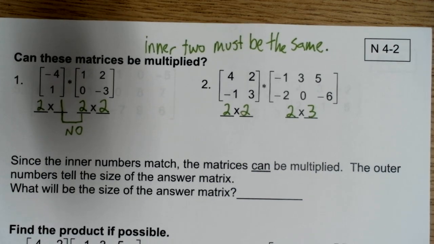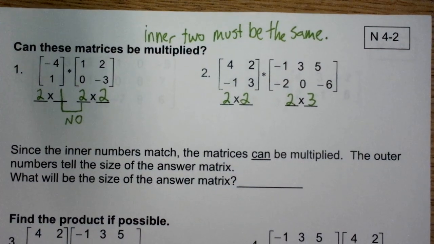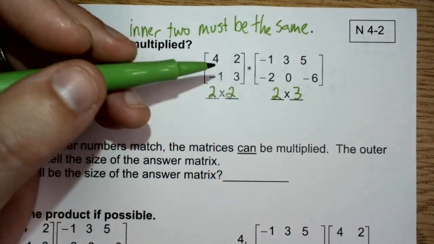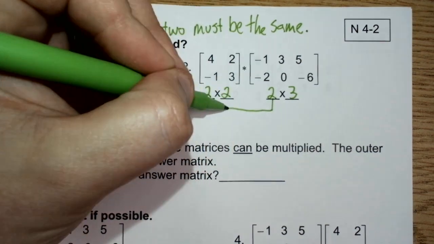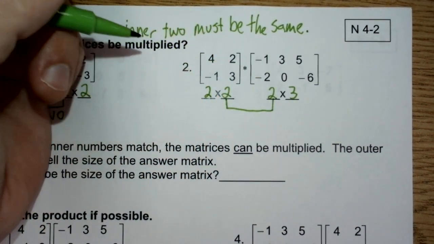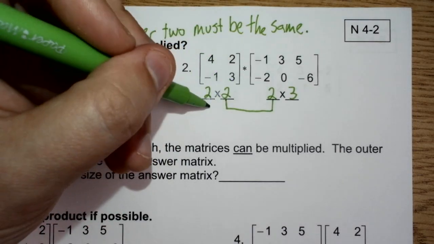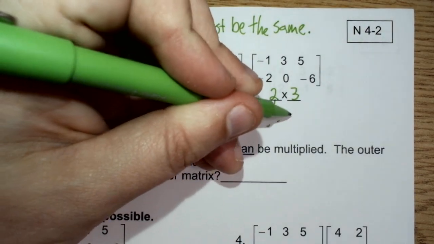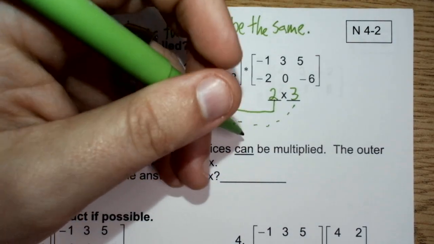That doesn't make a difference for us. What we're really looking at is the columns for the first one and the rows for the second one. Looking at those, yes, they are the same. So when I multiply those out, this is what the result is going to look like. It'll look like a 2 by 3.